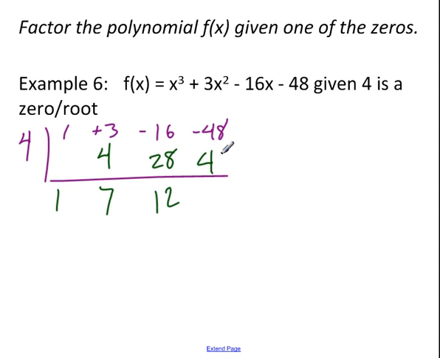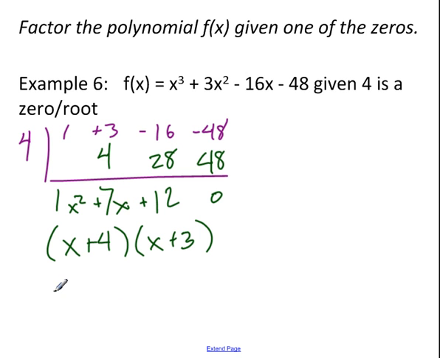And, oh, look at that, 48. That's when you know you feel like things went right. Alright, so that's really x squared plus 7x plus 12. So again, we're looking at what multiplies into a 12 but adds up to 7. That's going to be x plus 4, x plus 3. So my other answers are going to be negative 4 and negative 3.